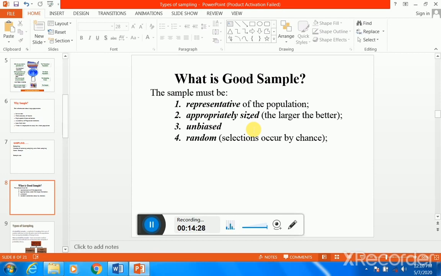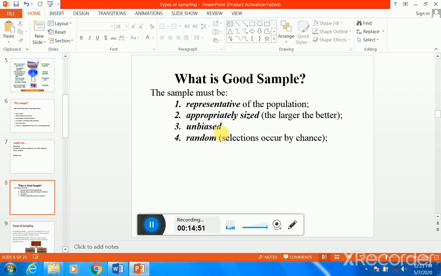If I select, for example, 30%, it means that we are increasing the size. The larger the size, it means we will get more of the picture. So the larger the selection, the larger the accuracy will be in the data as well. That is known as appropriately sized.